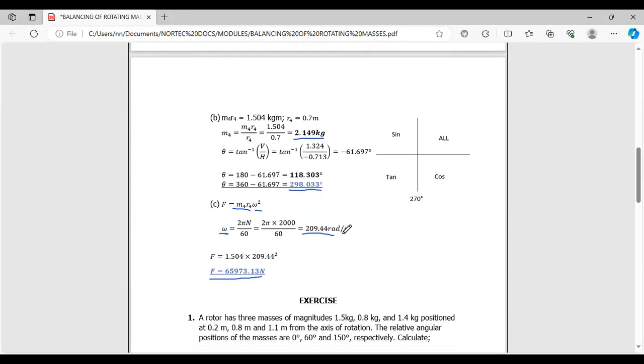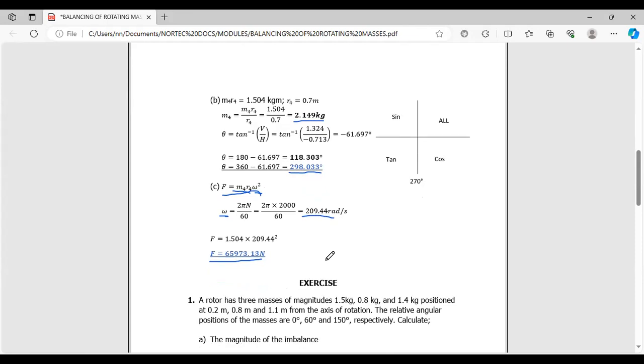And lastly, how much force is coming from the imbalance, the amount of force that is coming from the out of balance. We just combine from the formula for centrifugal force and then we get 65,973.13.